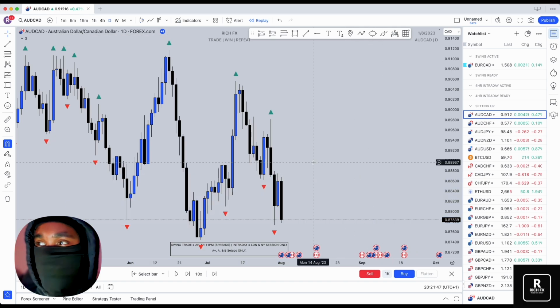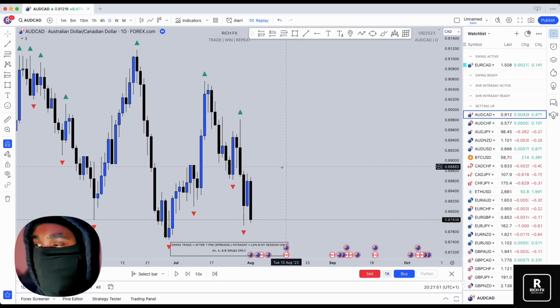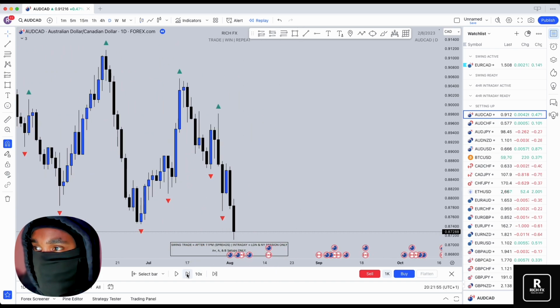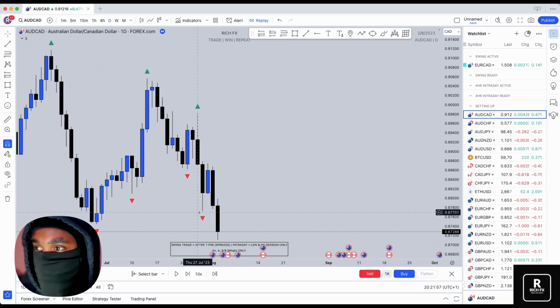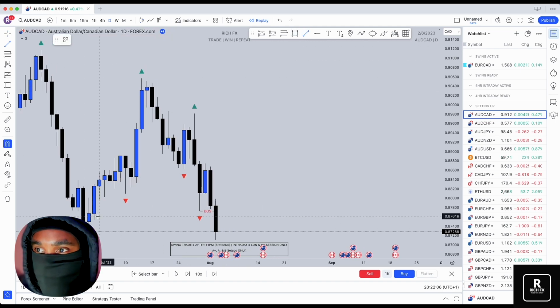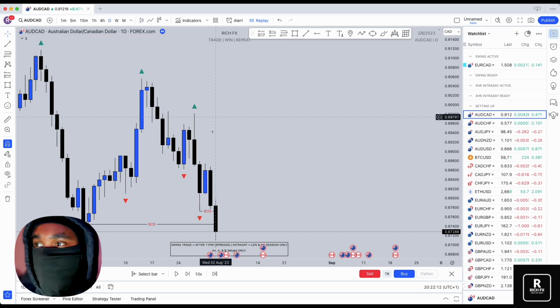So that's how I draw the boxes, and that's how I identify highs and lows, especially when it comes to EMC. In this case, we've got another break over here, so this is the breaker structure to the downside. Not only that, we also have another fractal on the left-hand side that was also broken. So these two are the two breaker structures.